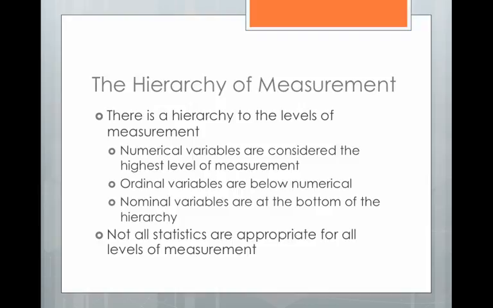Not all statistics are appropriate for all levels of measurement. It's also important to remember as a researcher, if you're collecting data on your own, to use the highest level of measurement possible, because you can always take a numeric variable and turn it into categories later, but you can't collect data as categories and then divide that out into numbers later on.